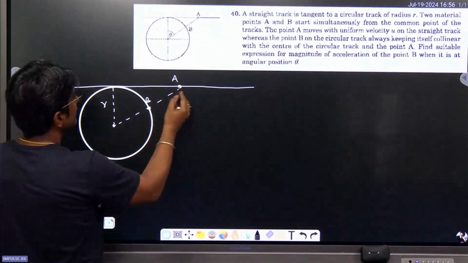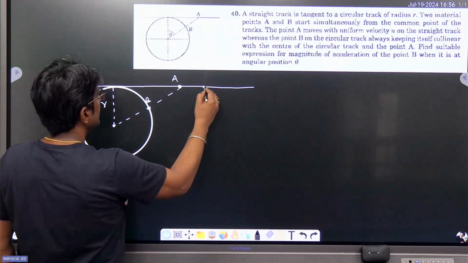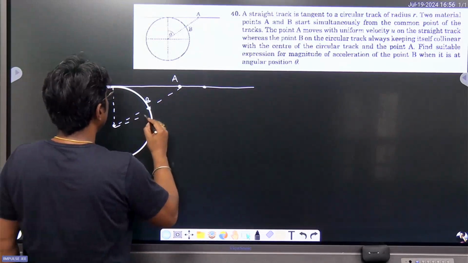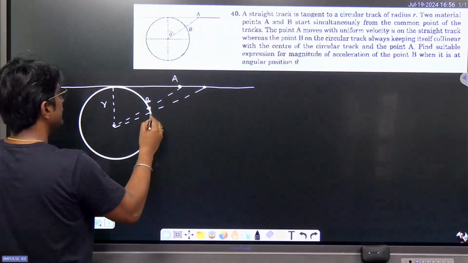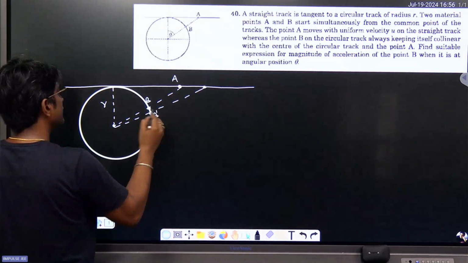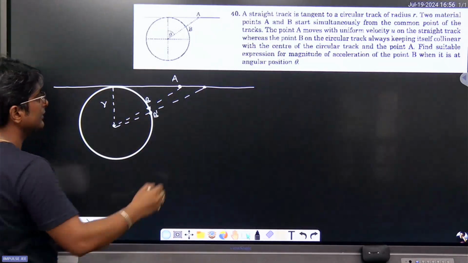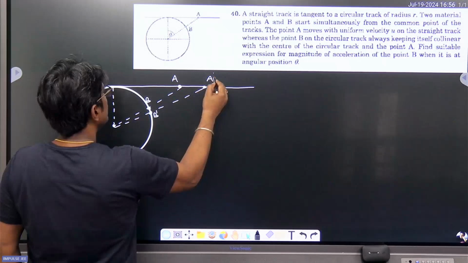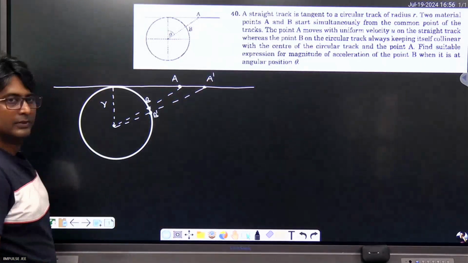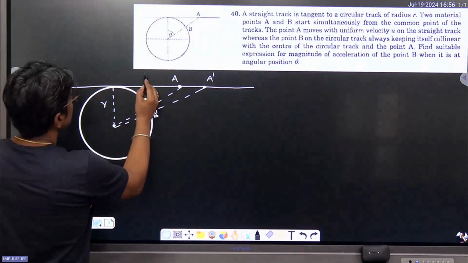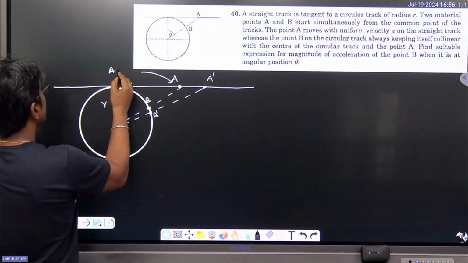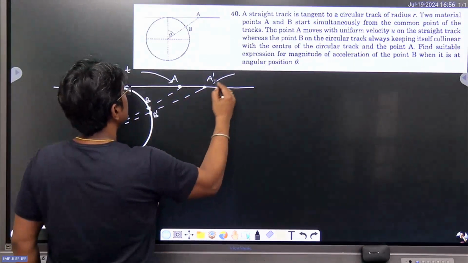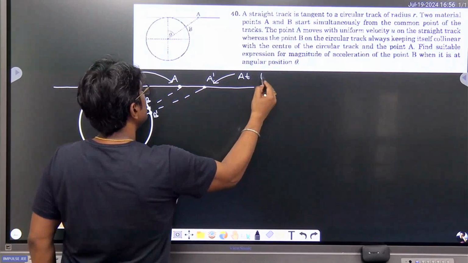If A is here, then B and A will always be collinear, so B will move to somewhere, say B prime, like this, and A goes to somewhere, A prime. You can say this is the situation at any time t, and this is the situation at time t plus dt.